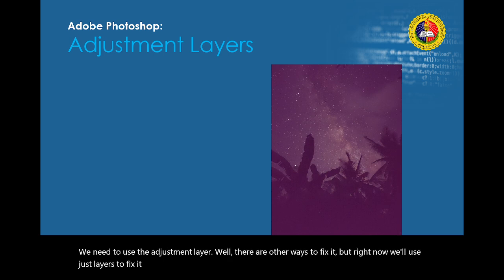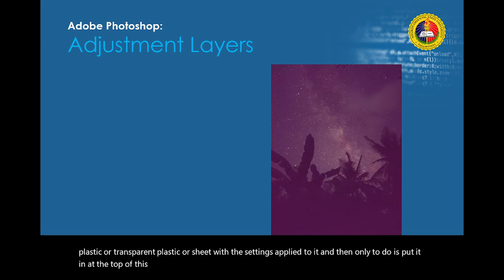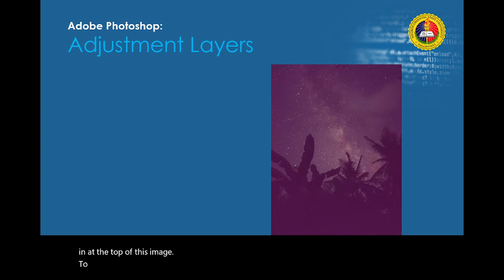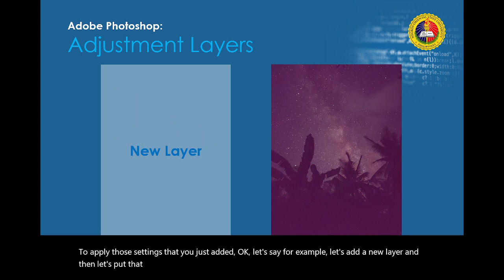So think of the adjustment layer as like a transparent plastic sheet with the settings applied to it, and then all you need to do is put it at the top of this image to apply those settings that you just added. Let's say for example, let's add a new layer, and then let's put that layer with color adjustments.